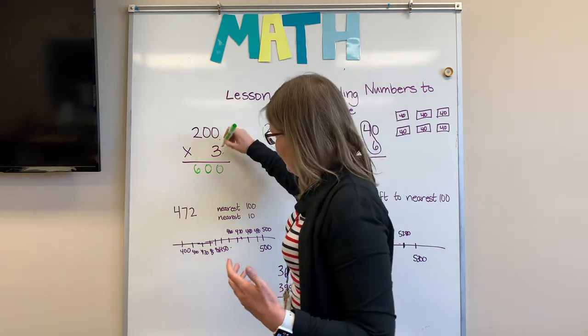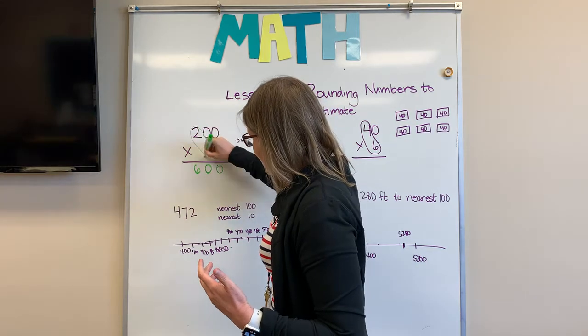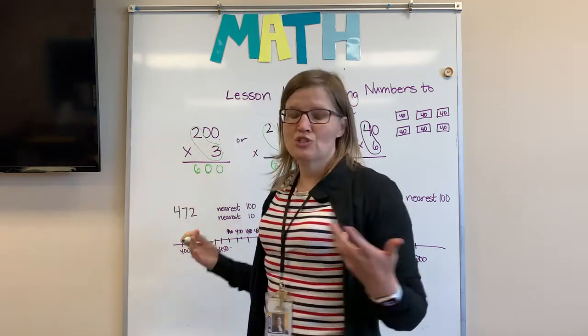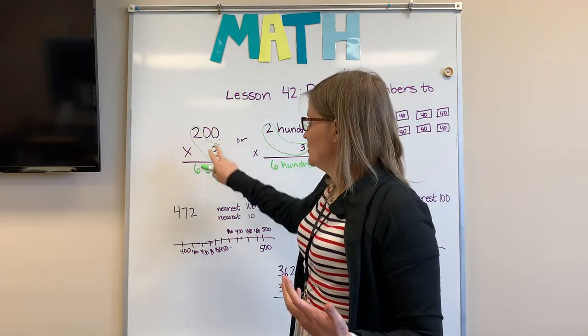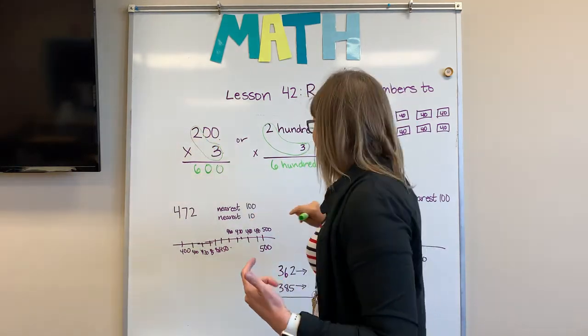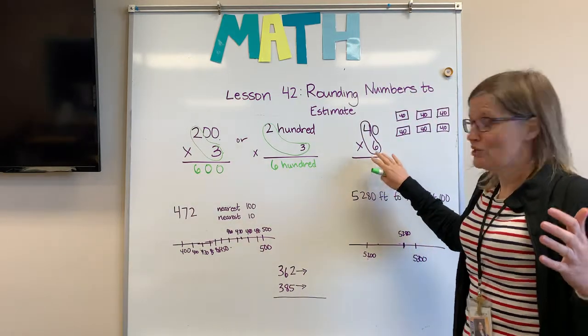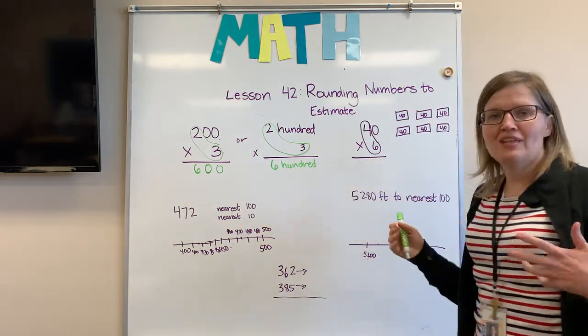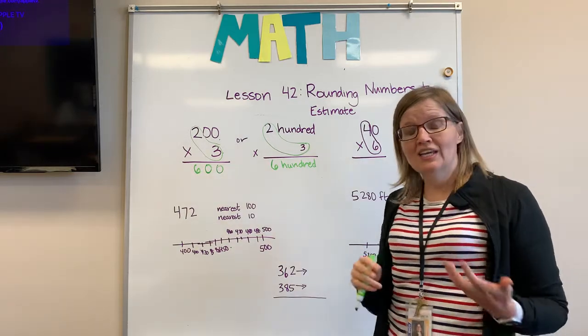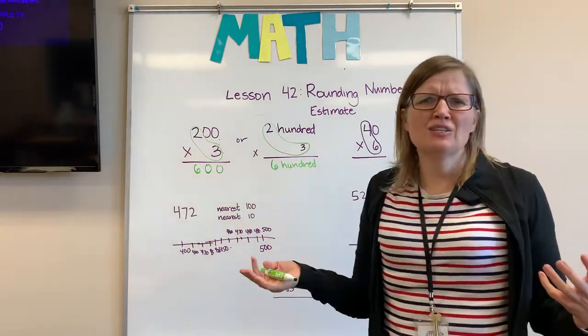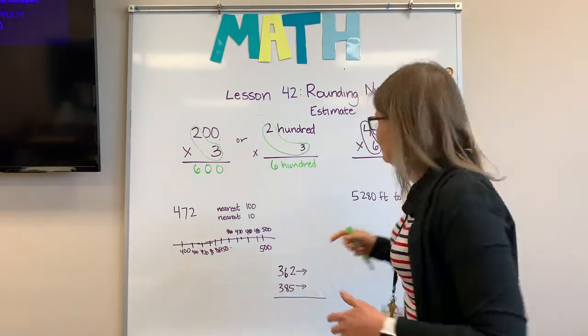Or you could even just look at this part, and you know that 2 times 3 is 6, and then you put the 2 zeros there. I want you to practice this. Another one is they had 6 school buses that could hold 40 kids each. How many kids did they have on the school buses?